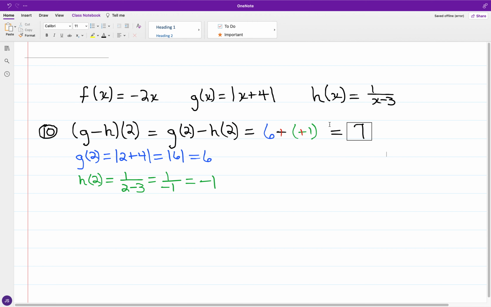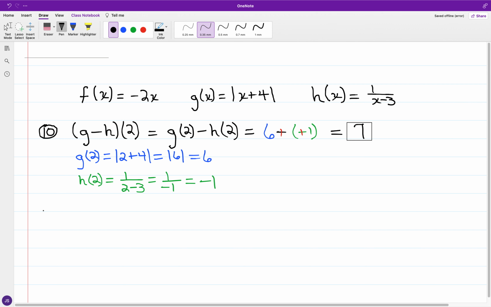Now in the case of number 12, we're again working with the g and the h function, and now we have posed the problem of finding out what h times g of 4 will be.